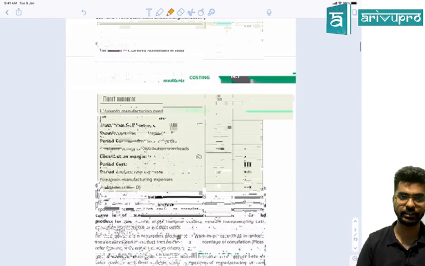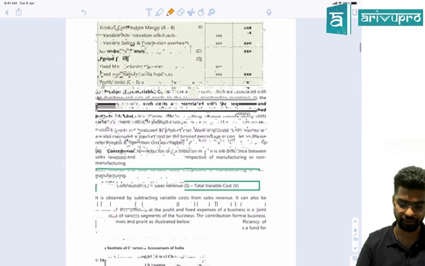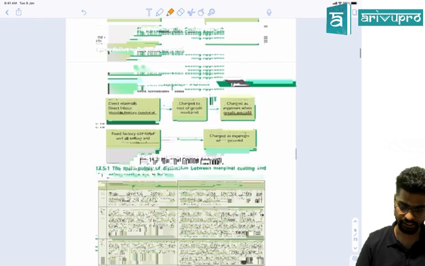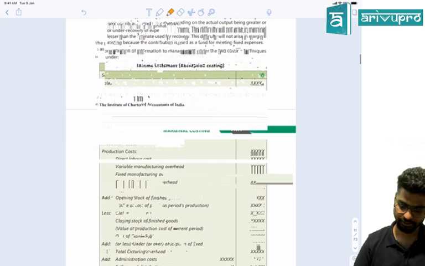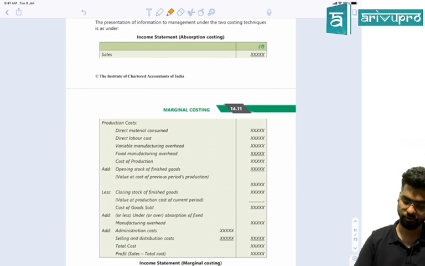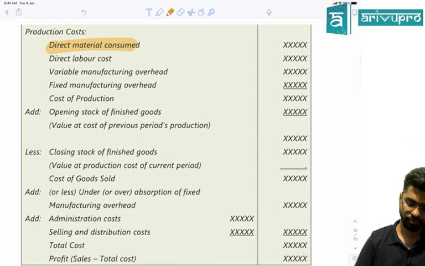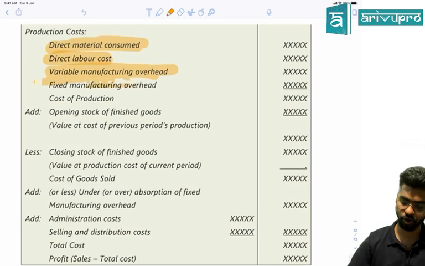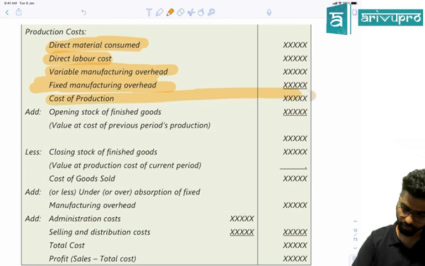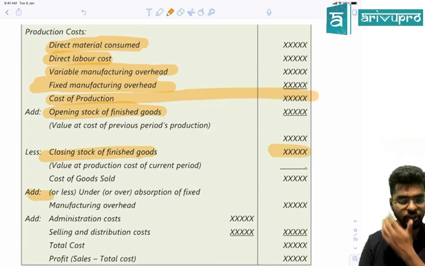Guys, here, the income statement under absorption costing. Sales, we know we take material consumed, labor cost, cost of production. Then I take the opening stock of finished goods, closing stock of finished goods. Then, do you remember this concept of under absorption, over absorption?